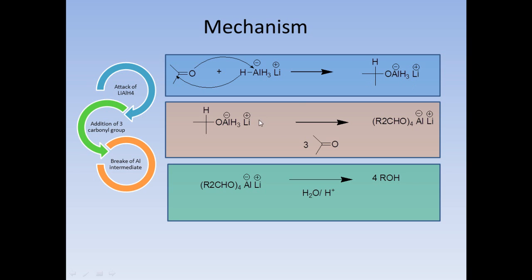Three carbonyl groups are attacked by this reagent because it has 3 hydride donors. So the complex after addition of a total of 3 keto molecules like this then goes to hydrolysis and gives alcohol formation. So the mechanism is very simple for the reduction mechanism in lithium aluminum hydride.